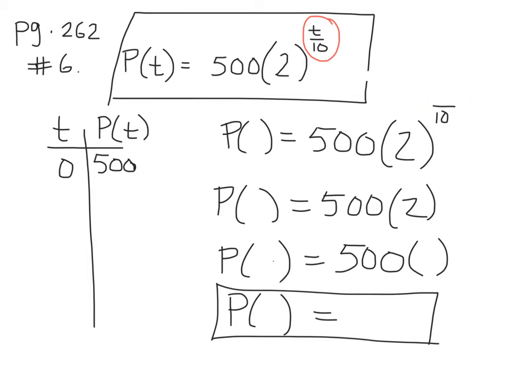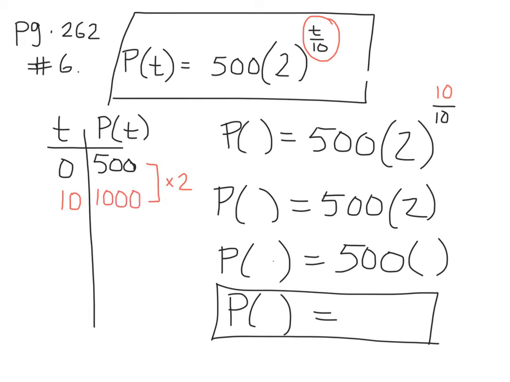So what I'm going to plug in is time 10. If I go up by increments of 10, remember it even says that this population doubles every 10 minutes. So if I plug in a 10, what should happen after 10 minutes is that this population should double. After 10 minutes, we should have 1,000 of these bacteria.